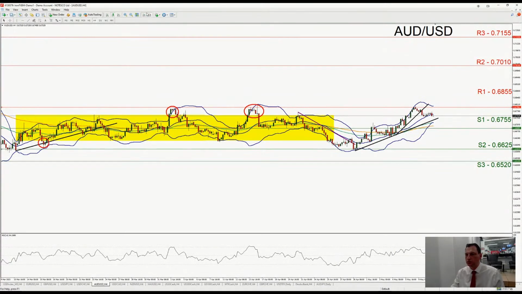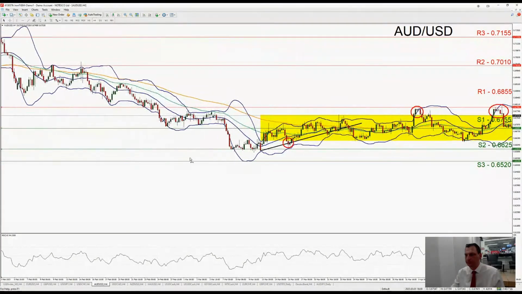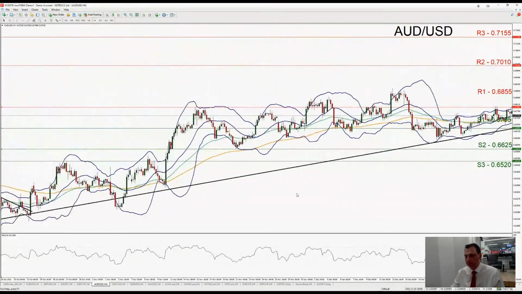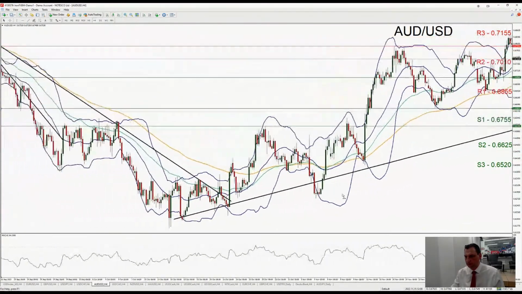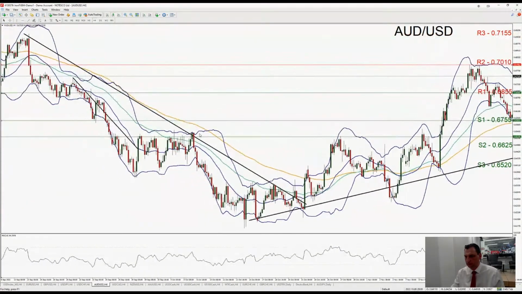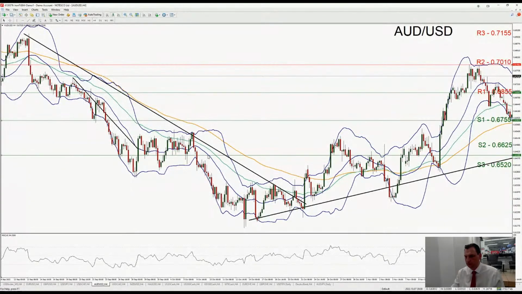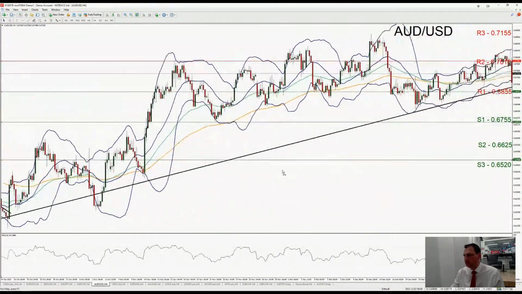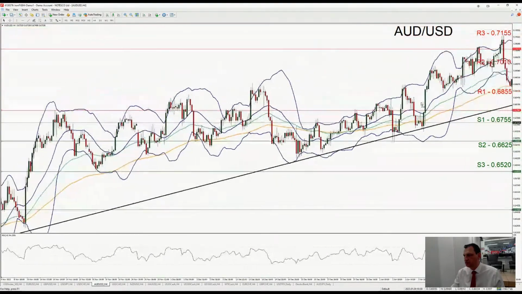Let's reposition also the S3. Let's see also the resistance lines.